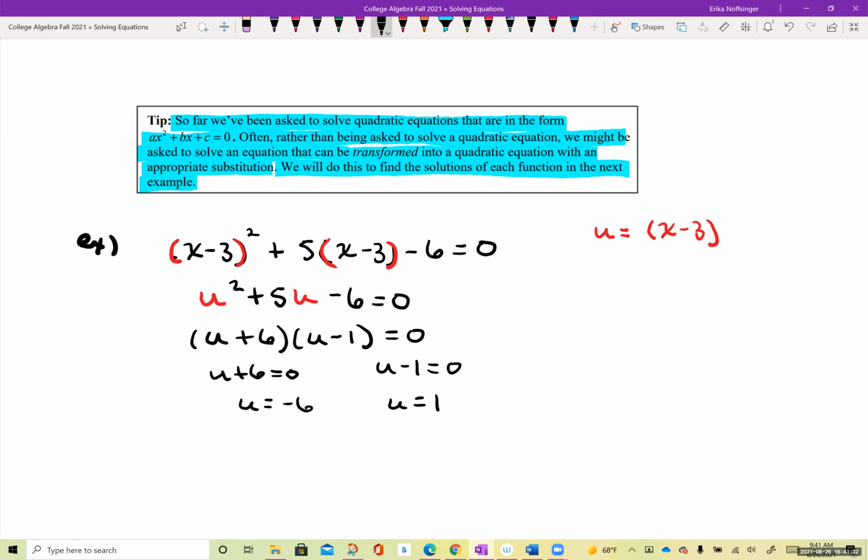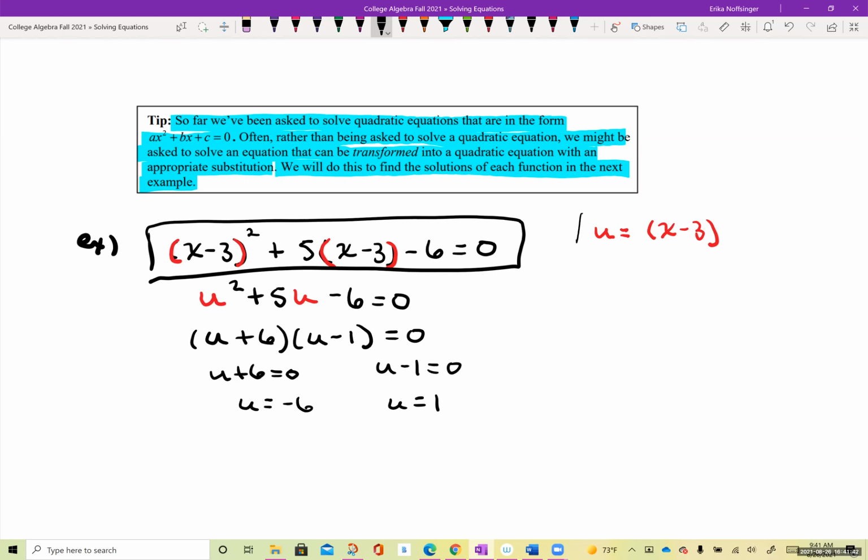Well, our equation didn't have u in it originally, it had x. And so we want to go back and solve for x. Well, we had chosen u to be this x minus 3. So when u is equal to -6, let's figure out what x is. So let's plug in what u is.